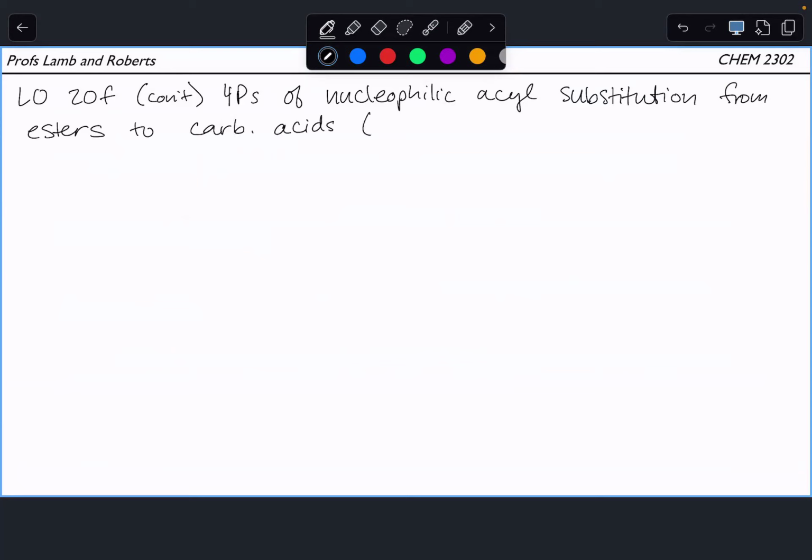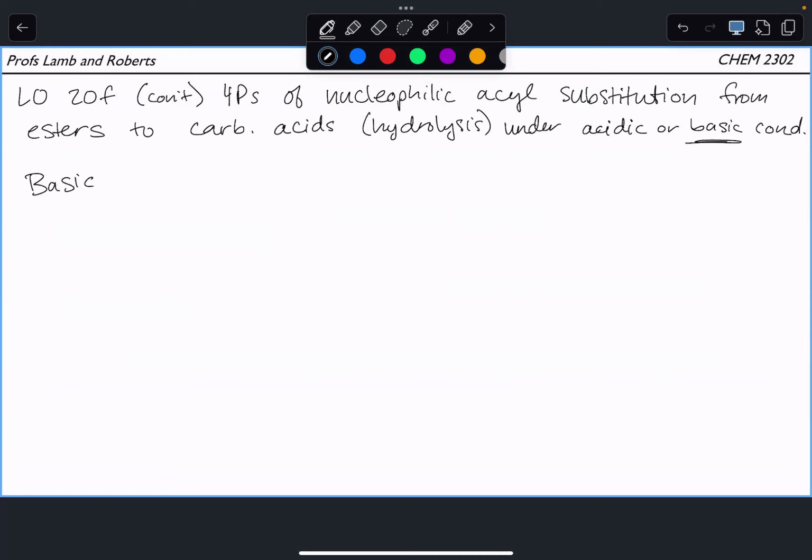Again, we can call that hydrolysis because we are using water or some form of water as our nucleophile. And the whole learning objective is under acidic or basic conditions. And today we're going to be talking about the basic conditions, which is section 20.9.